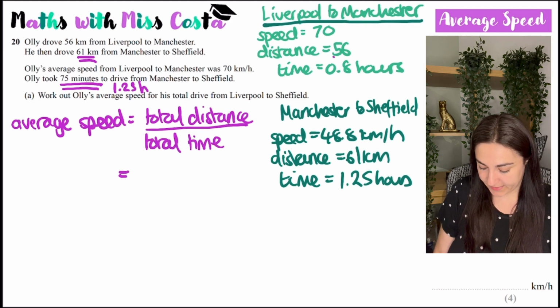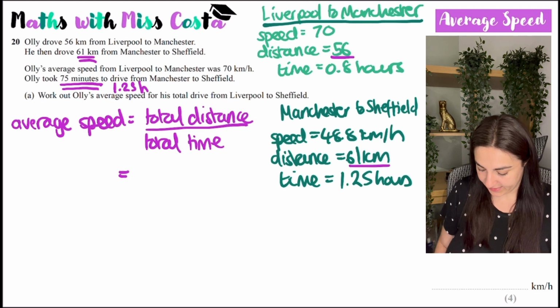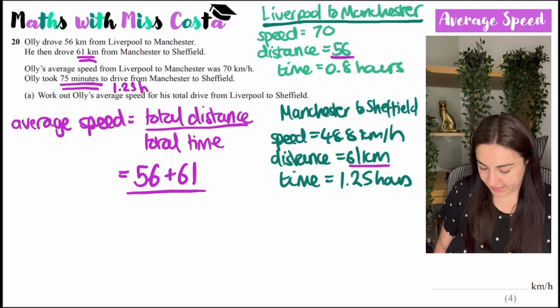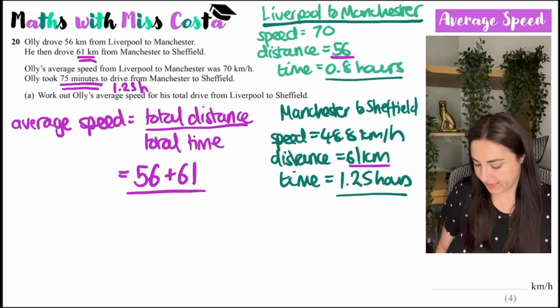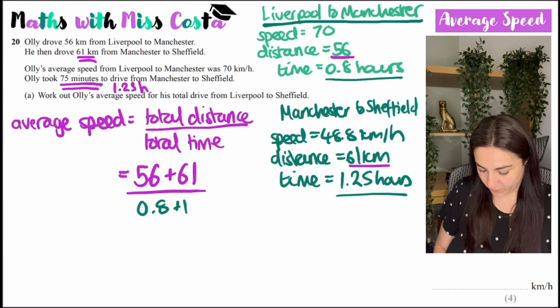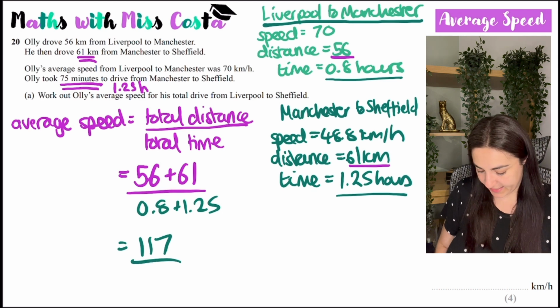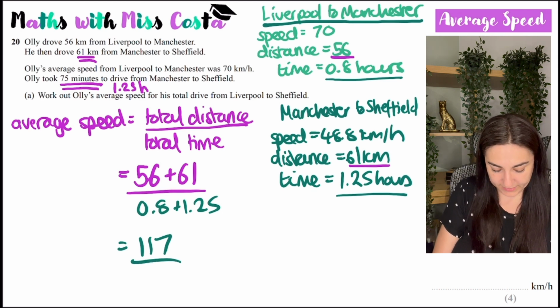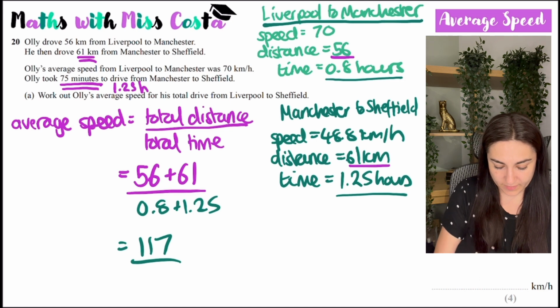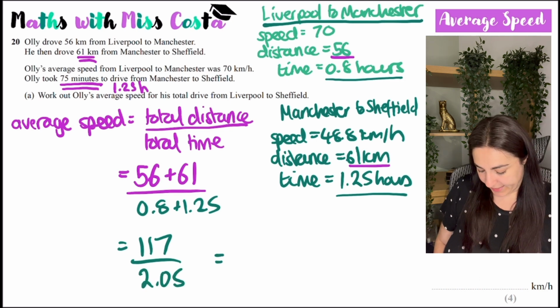So the total distance is going to be 56 plus 61, divided by the total time, which is 0.8 plus 1.25. So 56 plus 61 is 117, and 0.8 plus 1.25 is 2.05.